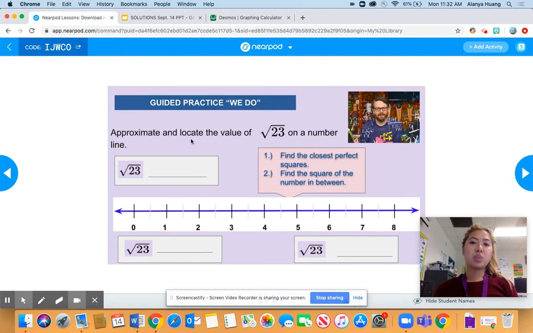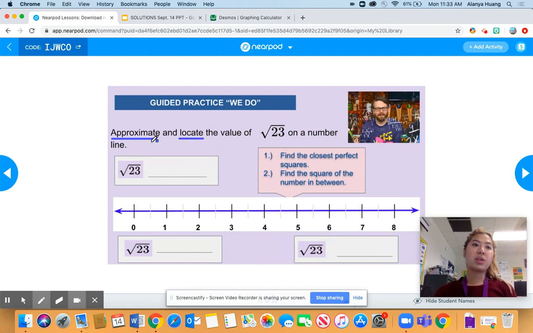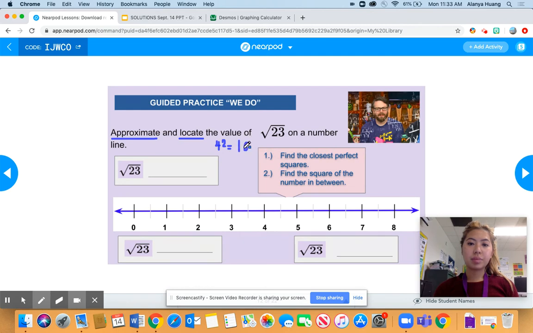This guided practice problem, or our we do, is asking us to approximate and locate the value of square root of 23 on a number line. So we have to figure out what perfect squares are closest to 23. So 4 squared is 16. 5 squared is 25.